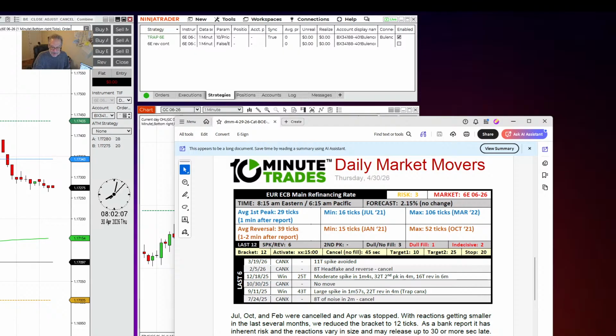But if it only fills one order and we want to move our stop into safety, then we want to have the ability to cancel that extra order that's sitting on the chart. So we have a cancel the outer tier, the extra order button. That's what that cancel button means.